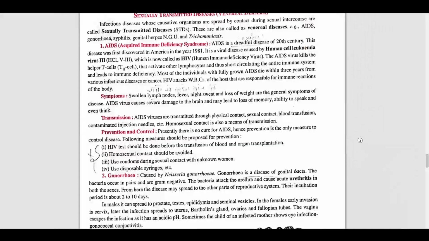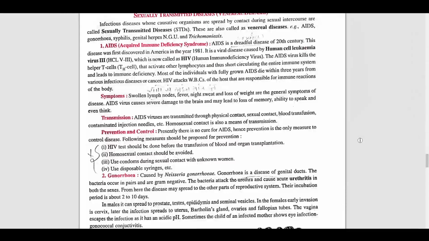The AIDS virus kills the helper T cells that activate other lymphocytes, thus short-circuiting the entire immune system and leading to immune deficiency. A person can also die because of this.